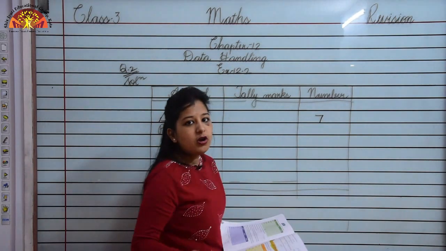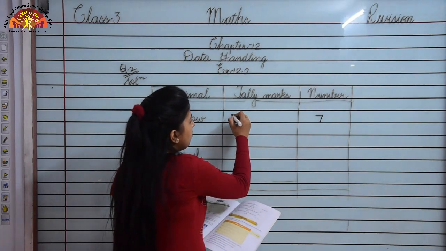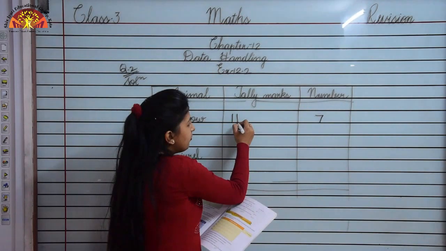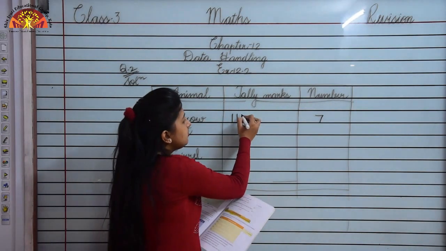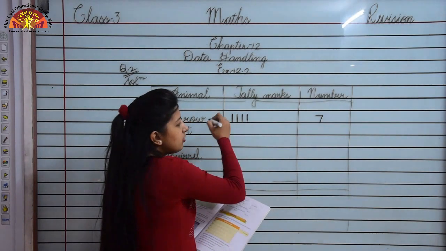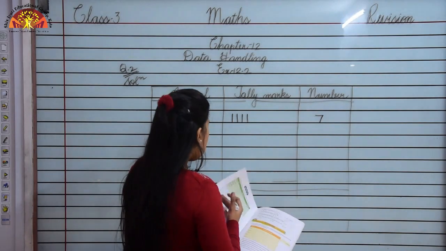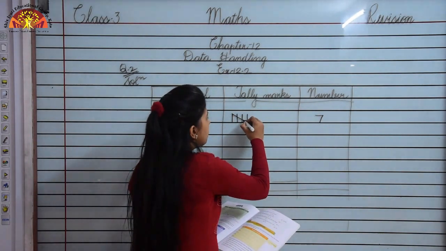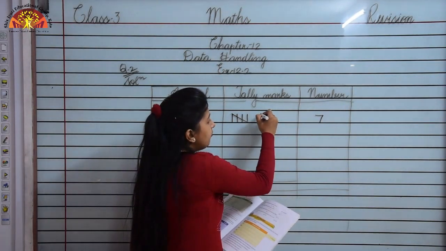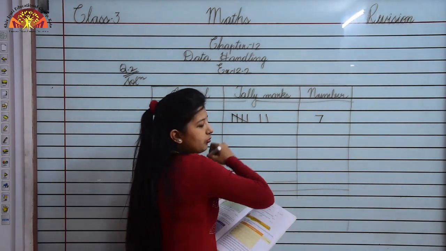Now how will we draw tally marks? So for 7, we will draw the first vertical line for the first observation, the second vertical line for the second observation, the third vertical line for the third observation and the fourth vertical line for the fourth observation. But for the fifth observation, we will draw a line crossing the 4 vertical lines. Fine. Then we will draw one vertical line for the sixth observation and the next vertical line for the 7th observation.